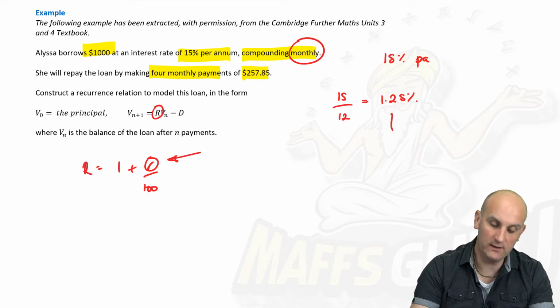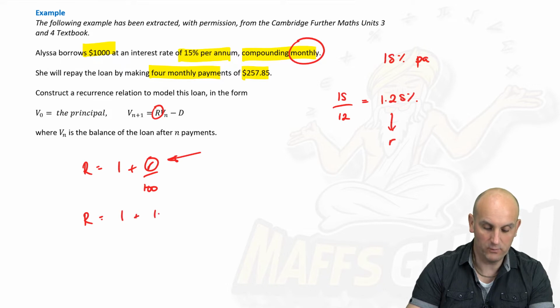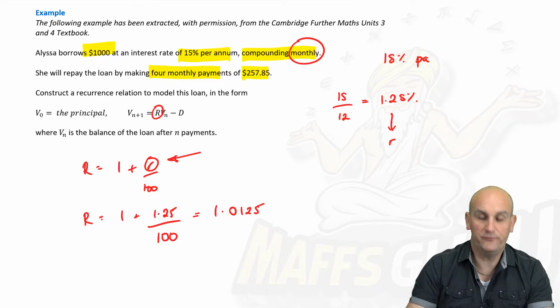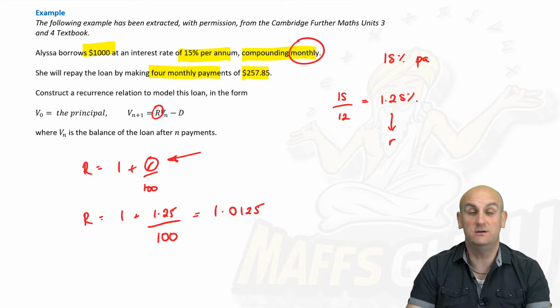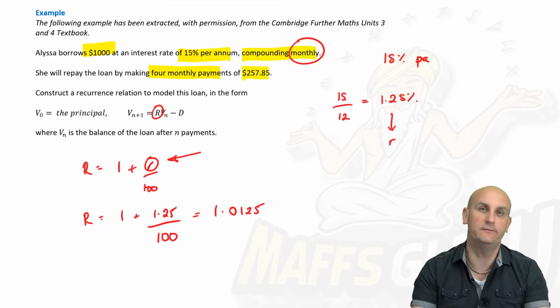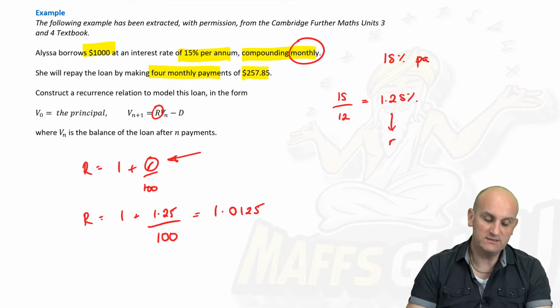This value here now is our little r. So to work out our capital R, I do 1 plus 1.25 divided by 100, which gives me 1.0125. Now I can do this in my head. My advice to you guys is use your calculator, unless you can do it in your head. Anyway, there is my value of R.